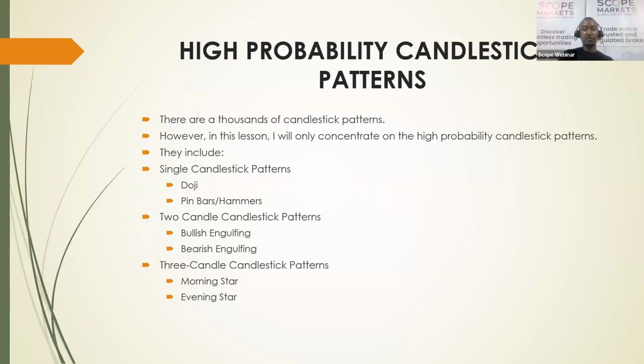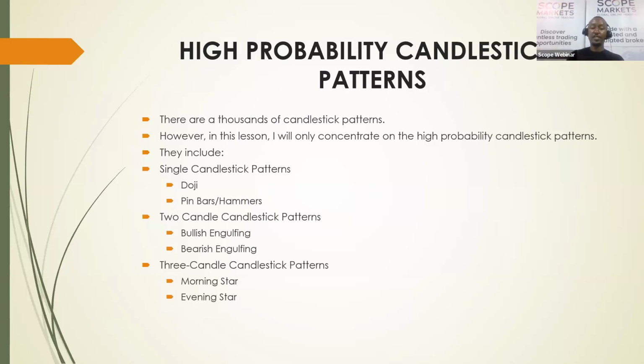When you're talking about these candlestick patterns, you need to understand that they can be classified into three. The broader classification, number one, single candlestick patterns, meaning that we only need one candlestick for us to make a trading decision. We can have two candlestick patterns, meaning that we need two candles for us to make a trading decision.